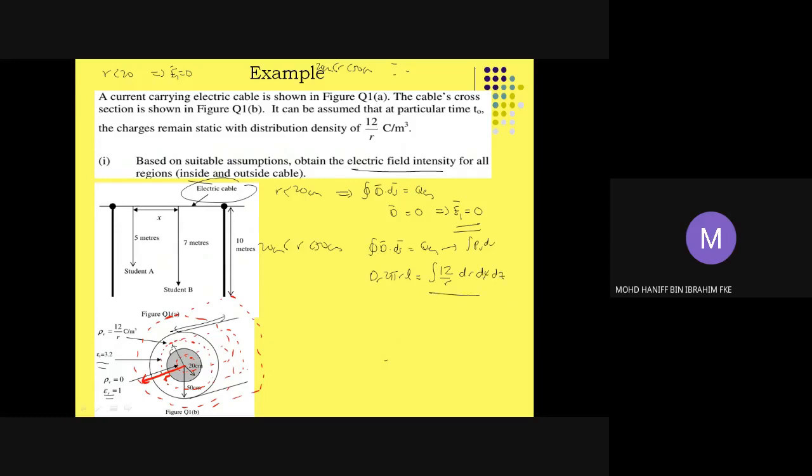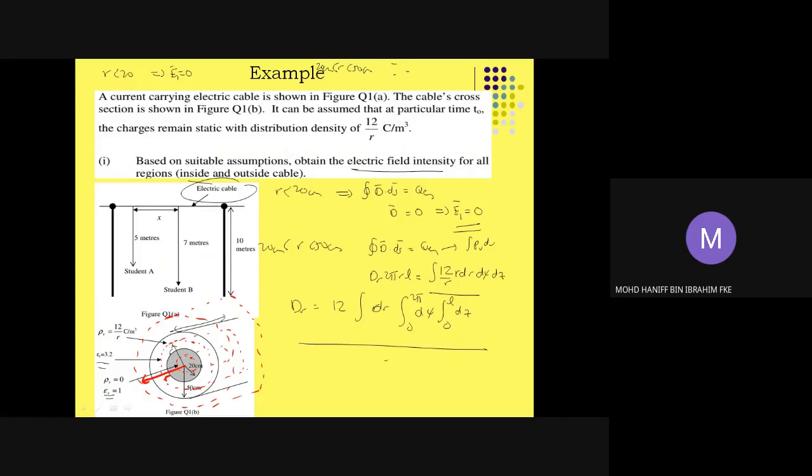So that is 12 times the integrations of dr, dphi and dz, where z is from 0 to L, phi is from 0 to 2 pi, and for R it should be from 20 cm to 50 cm.